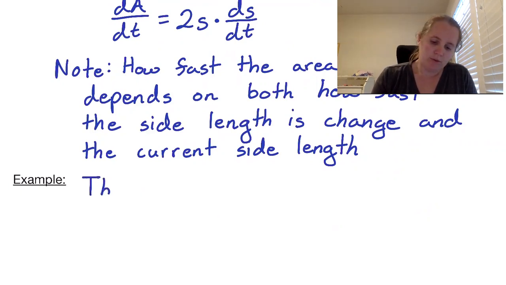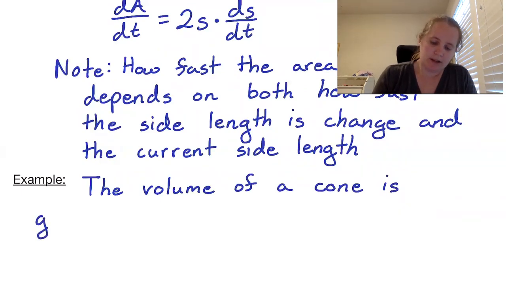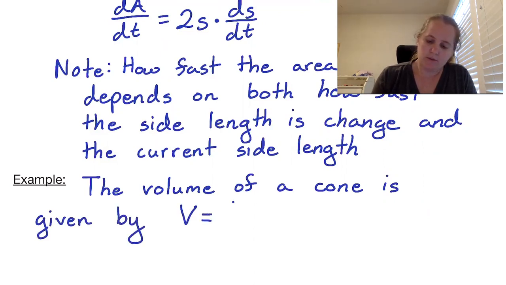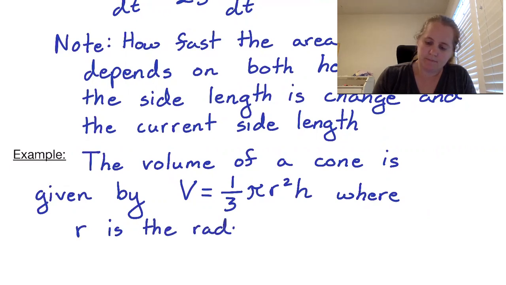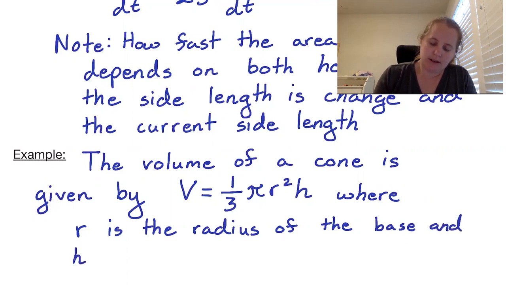The volume of a cone is given by V equals 1/3 pi r squared h, where r is the radius of the base, and h is the height of the cone.